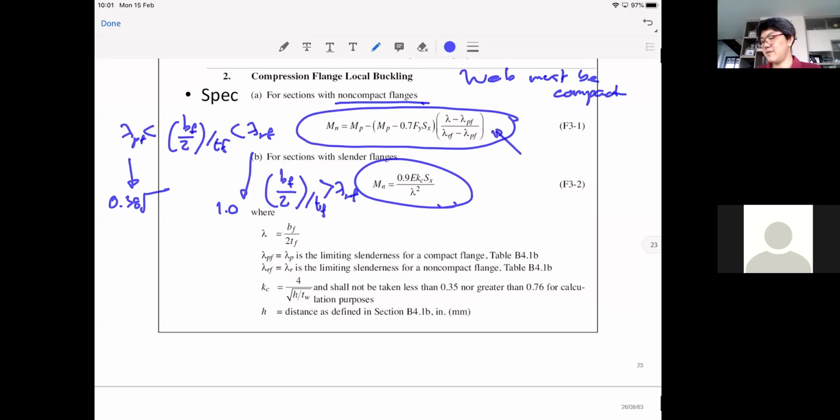I have never seen slender flange before. There's no point trying to make the flange slender, right? I have never seen it before, but that doesn't mean that it doesn't exist. But to my knowledge and experience, it doesn't. But don't be so sure about that. I can be wrong sometimes.